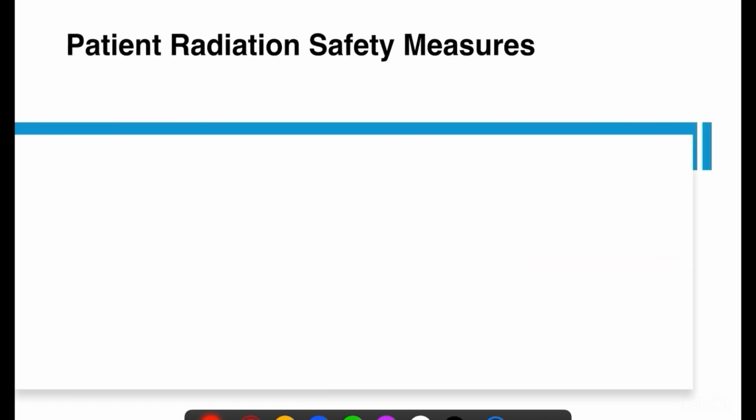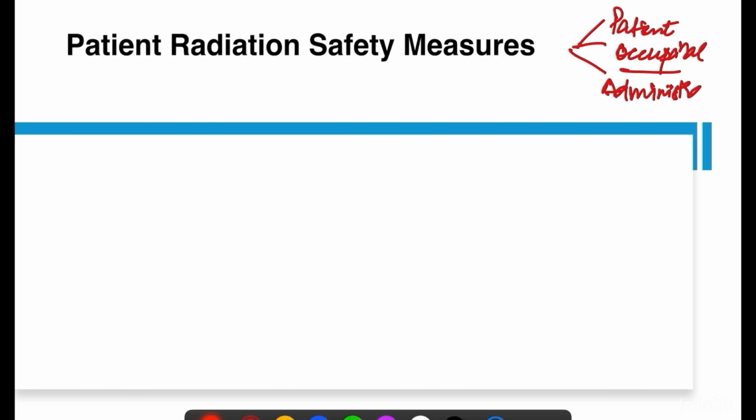We will see preventive measures under three broad categories. One is patient protection from the radiation, second is the protection of various health workers, and third is the various administrative measures.